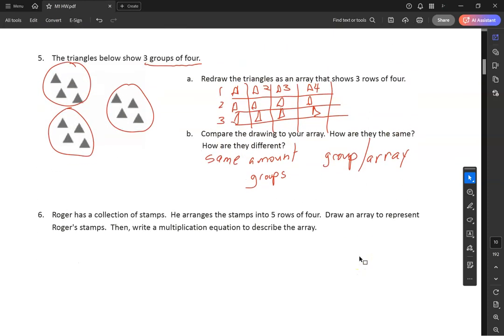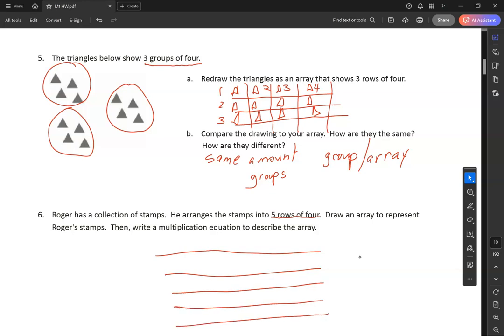So 5 rows of 4. 1 row, 2 rows, 3 rows, 4 rows, 5 rows, 4 in each row. Okay, so here's our array.